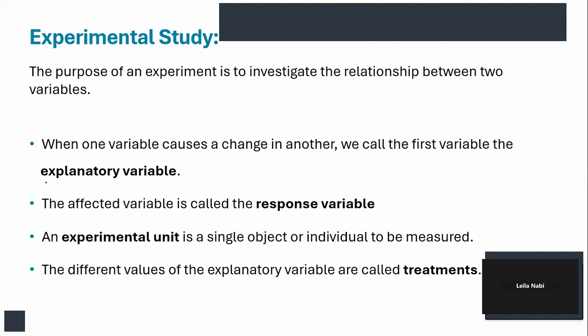An experimental unit is any single object or individual in that study that can be measured. Every individual person whose blood pressure can be measured to see if that pill is effective is called an experimental unit. And the different values that we have for the explanatory variable are called treatments.